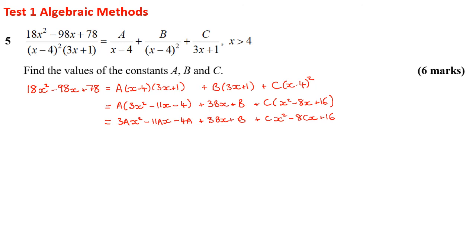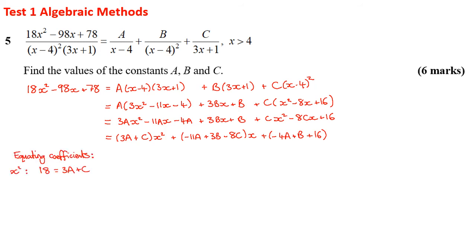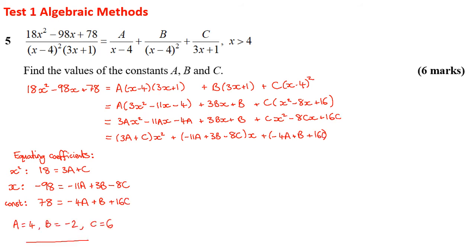Now at this point we're ready to equate our coefficients. First of all of the x squared, then of the x's, and finally the constant terms. Plug this set of equations into your calculator, which gives us our answers. A is 4, b is minus 2 and c is 6.